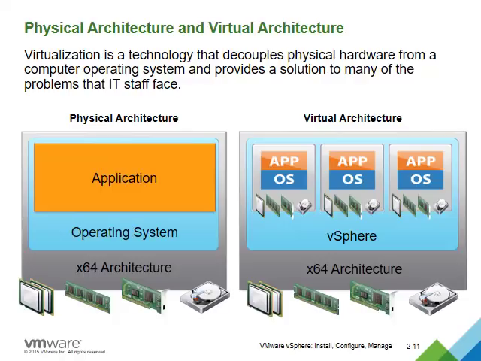In the traditional architecture, which is the physical architecture, the operating system interacts directly with the installed hardware. It schedules the processes it runs, allocates the memory, sends and receives data on the network cards, and reads from and writes to your attached storage devices.